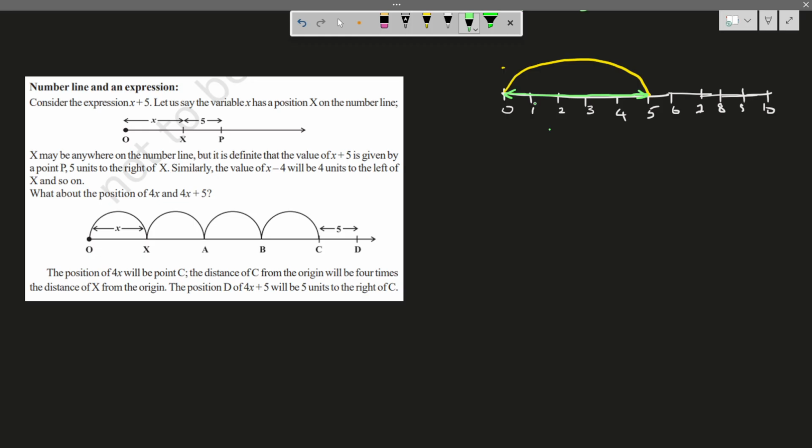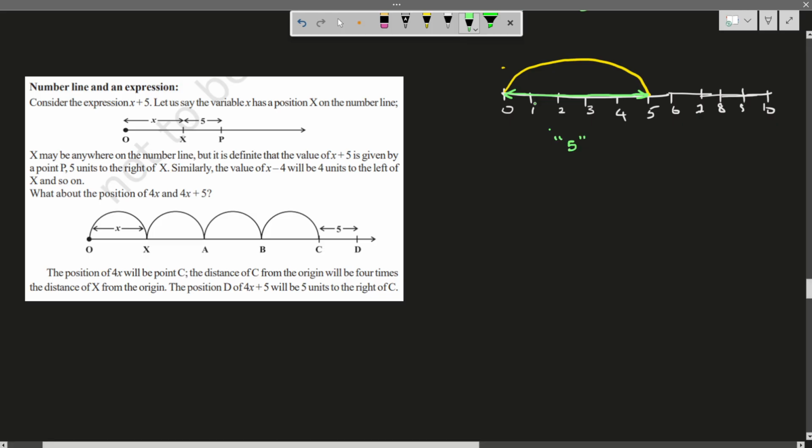This indicates the magnitude, that it is as big as the number 5.